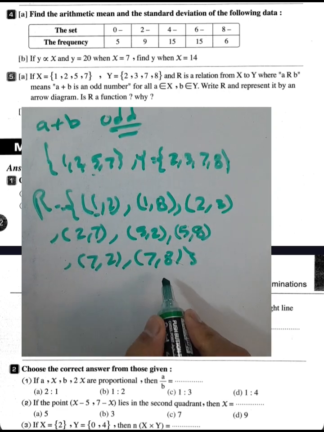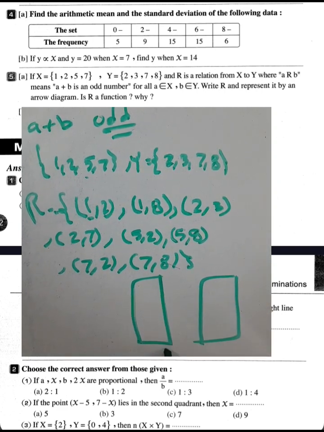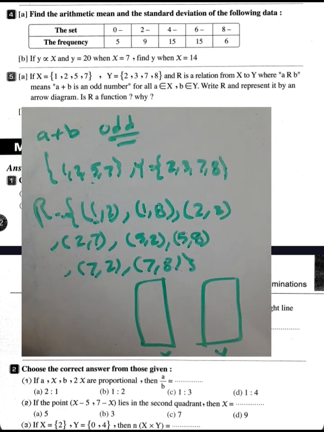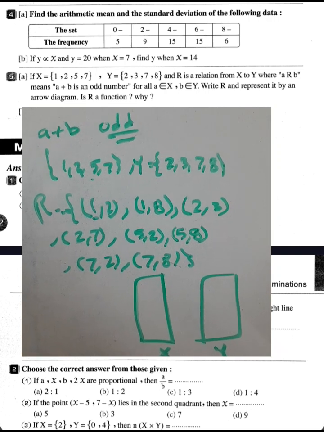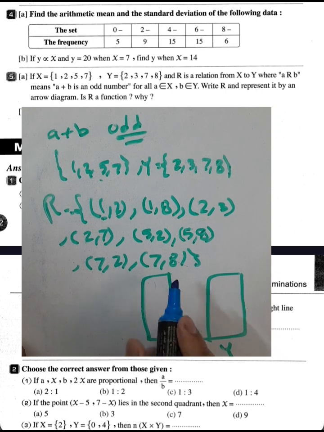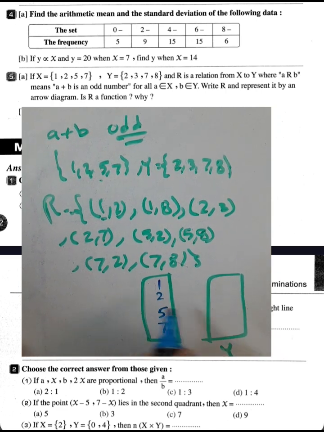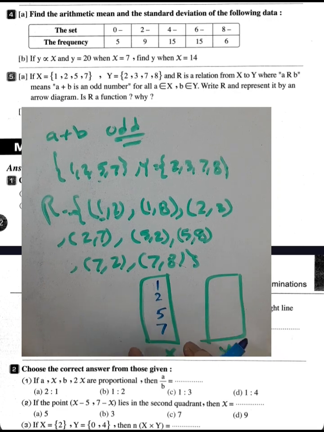Draw this vertical here for x and y, and then write all the elements of x in the first group. Here x contains 1, 2, 5 and 7. Then I am going to draw the arrows from x to y.